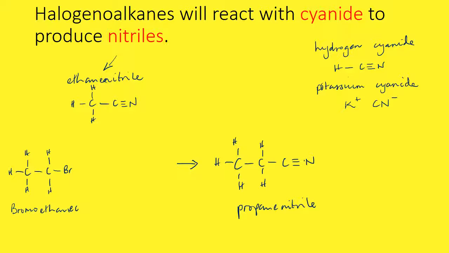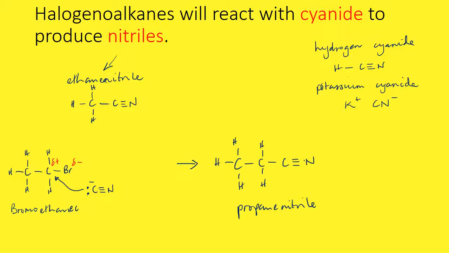But let's do the mechanism. So that is going to become delta minus, and that is going to become delta positive because of the difference in electronegativities. And then our cyanide ion, with its lone pair and its minus charge, that lone pair is going to attack, with a curly arrow.